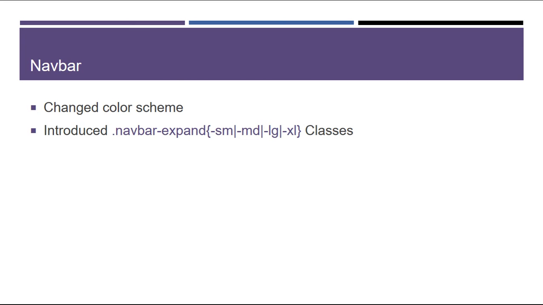And in Bootstrap 4.0 we can define at what screen size you should see this toggle. Bootstrap 3.0 only showed it on mobile devices, but in Bootstrap 4.0 we can define at which screen sizes we show these navbar toggles. So I will show a small example.